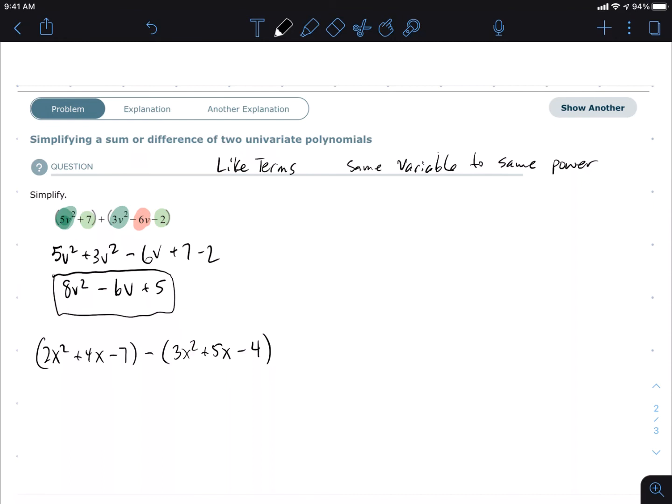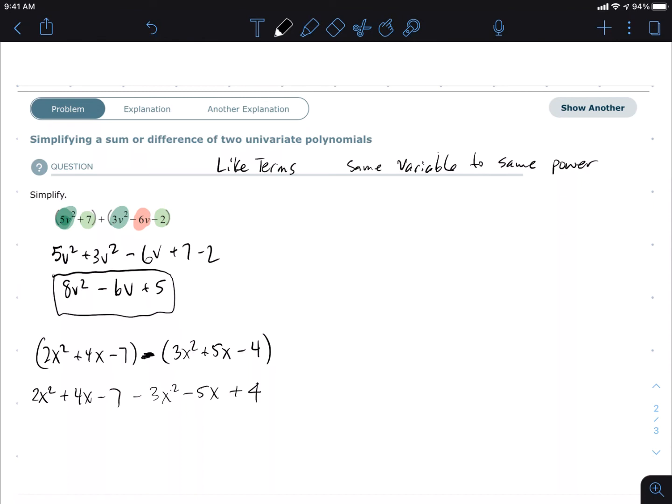But with that negative in front right here, what it forces me to do is distribute the negative and change the signs of everything in the parentheses that follows it. So I'm going to get 2x squared plus 4x minus 7 minus 3x squared minus 5x plus 4. Does everyone agree with that? Yeah.